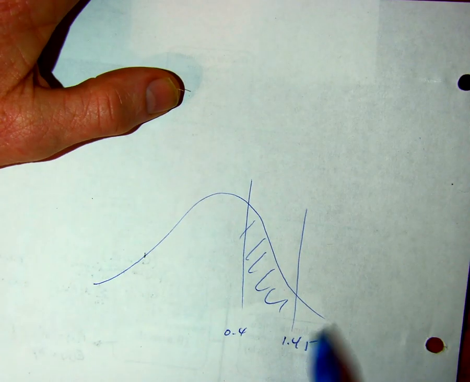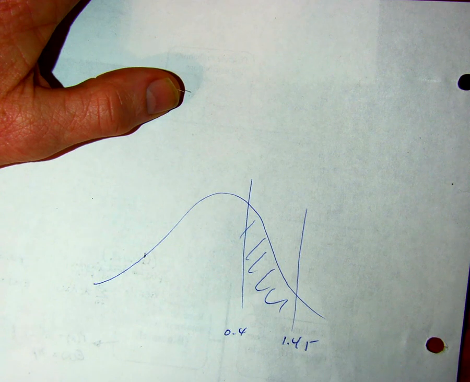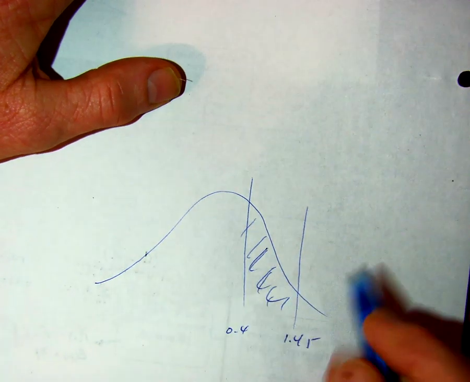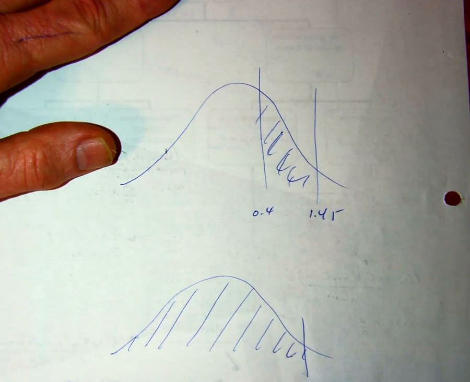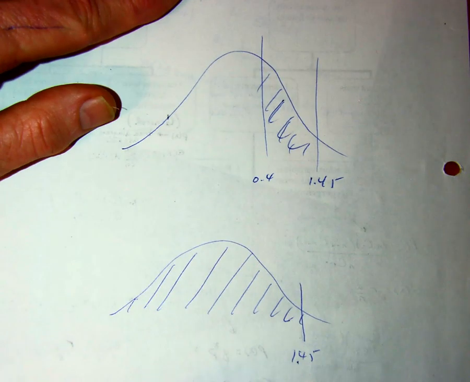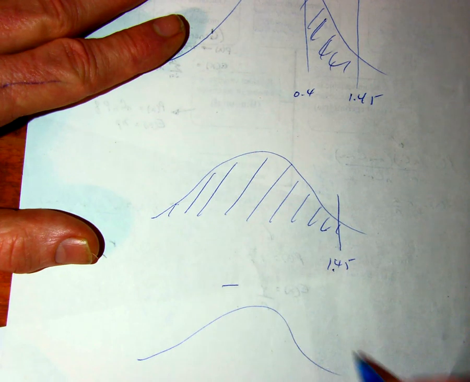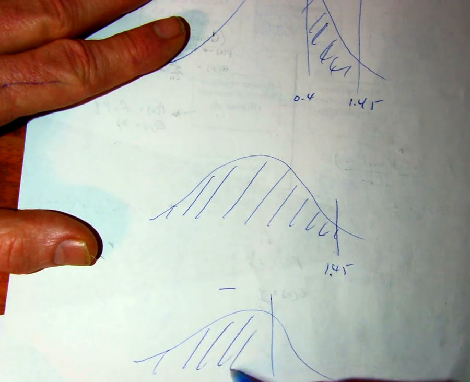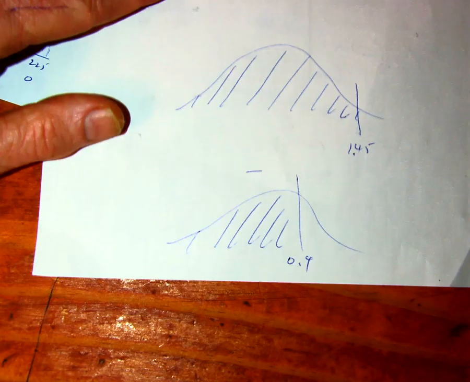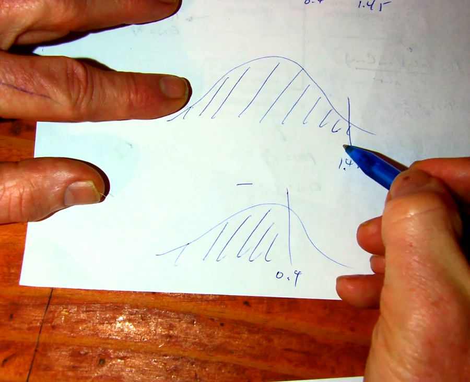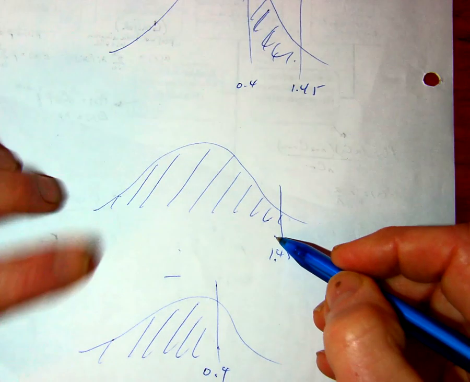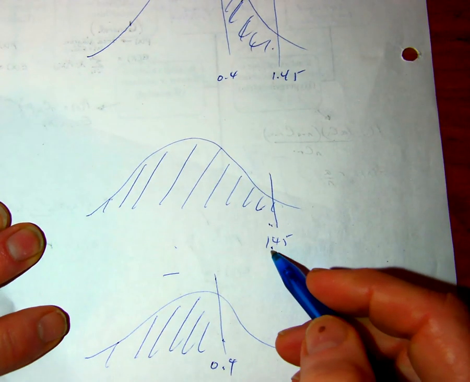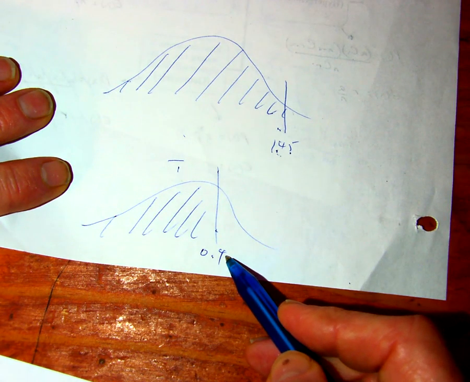If you want to find this middle part, wouldn't it be the probability of going up to 1.45, subtract the probability of going up to 0.4? I see the visuals now. If you take this probability, subtract this probability, you get the probability in between. So you do the probability of a z-score of 1.45 first, and then subtract the probability of a z-score of 0.4.